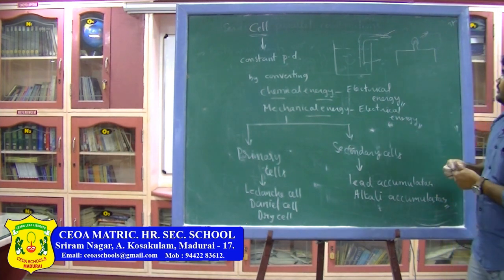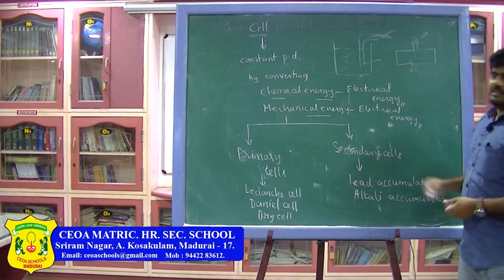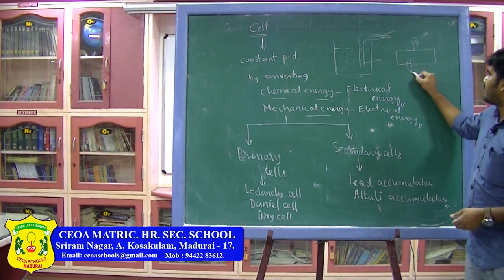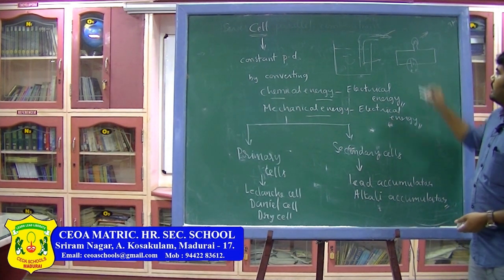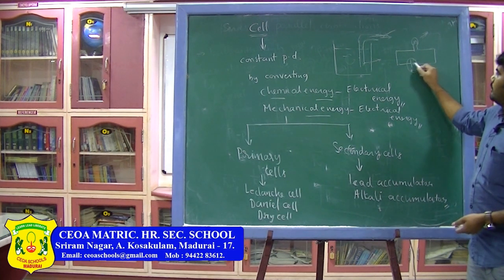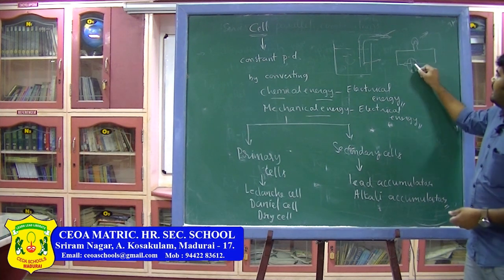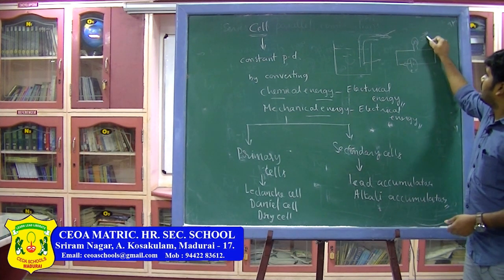Next, if you connect a cell, that is the positive and negative terminals of the cell, the potential difference is provided by the cell. That cell will do some work in the circuit, so that a constant current is set up, and that energy will be supplied to the bulb, so that the bulb will glow.